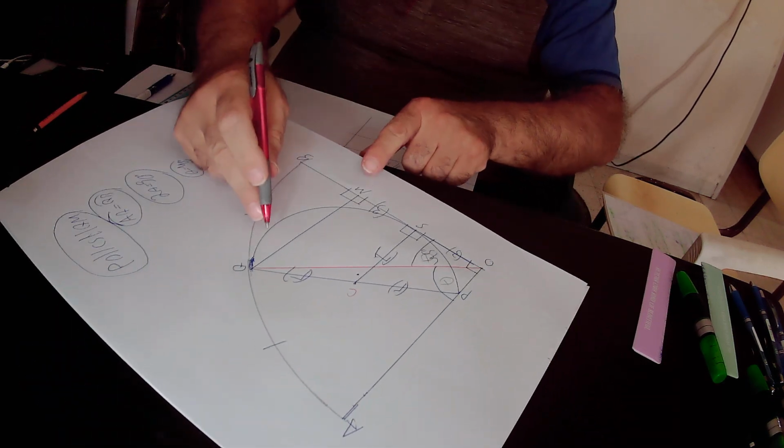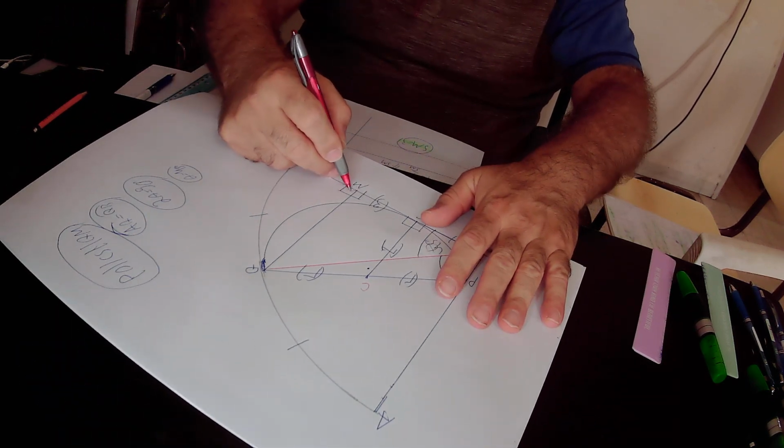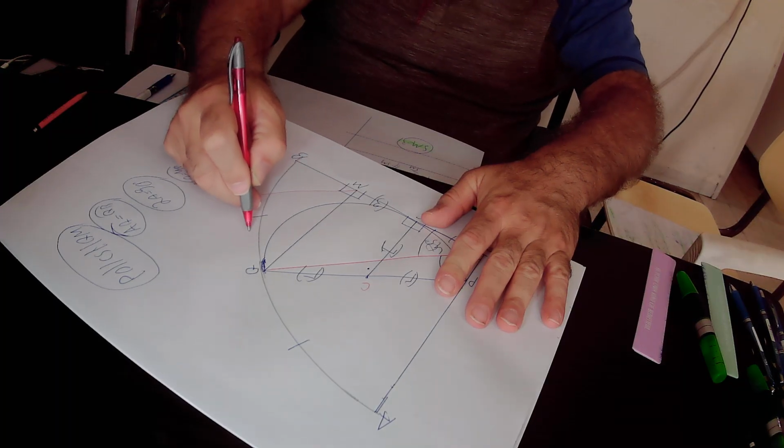This is the missing side QM, and it equals 6 units in its length.